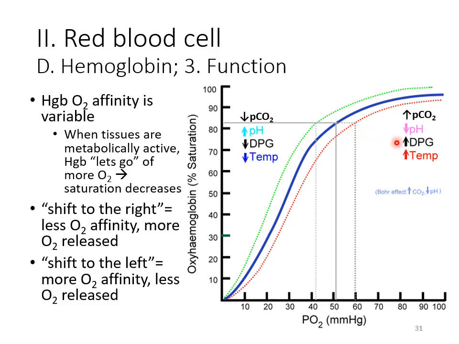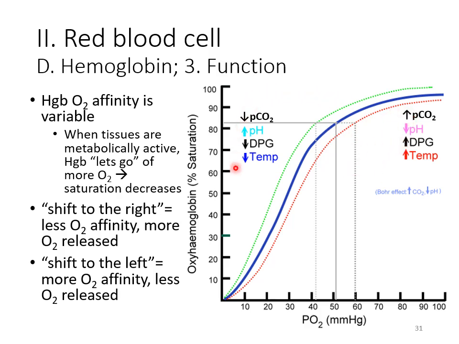So if, for example, the blood passes through tissues that have a low PO2, so the tissues need oxygen, more 2,3-DPG is produced, and 2,3-DPG stabilizes the tensed state of your hemoglobin. So it helps push away oxygen from hemoglobin and stabilizes the tensed state of hemoglobin to further decrease the affinity for oxygen. In this way, it helps release more oxygen into the tissues that need more oxygen.